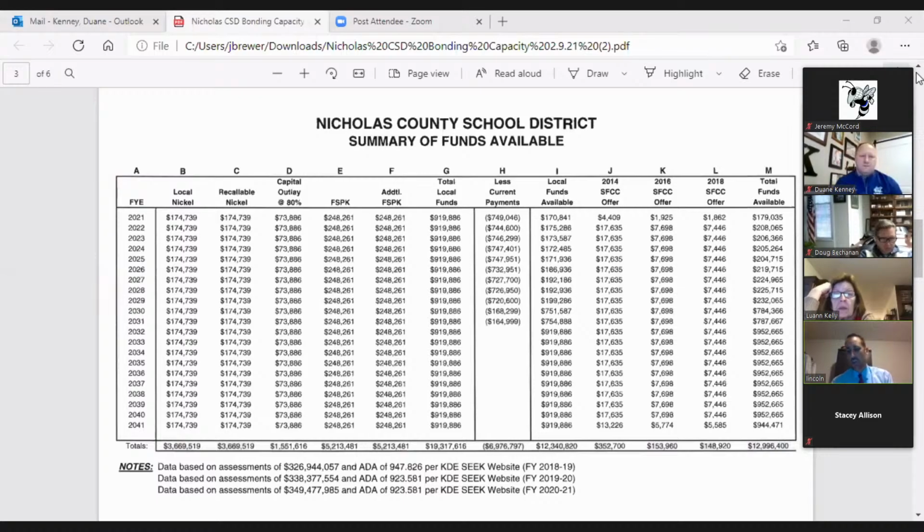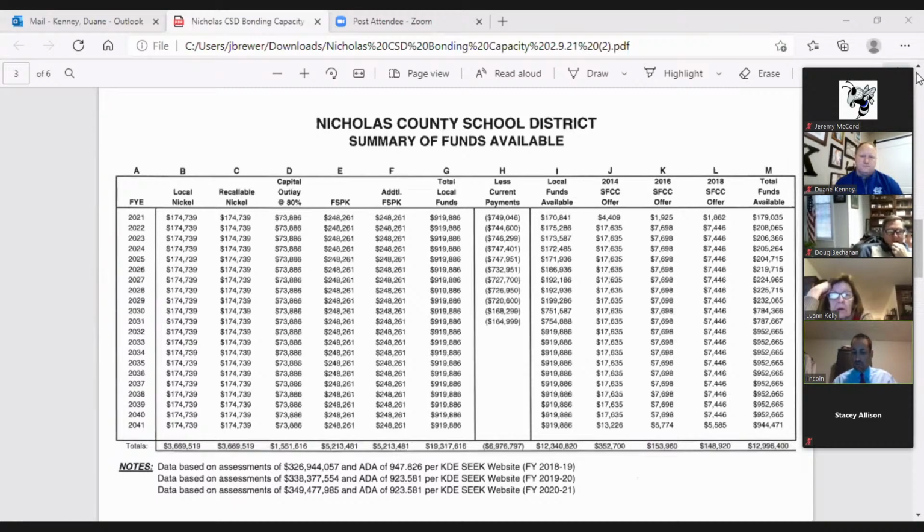In other words, if we took the total property value of all property in the entire state and divided it by the number of students in the entire state, the goal is for column E to provide your district the same per student funding as other districts. In the example of Campbell County, they would not have a column E. They would have no revenue coming from column E or column F.